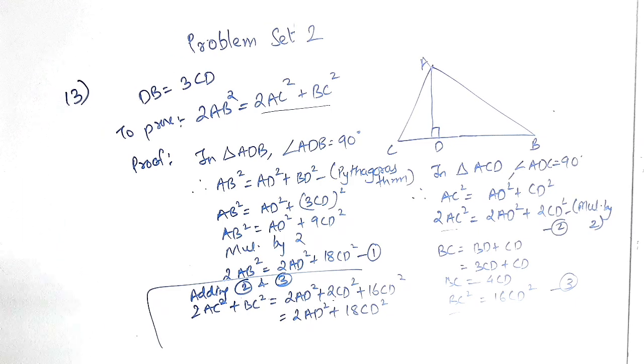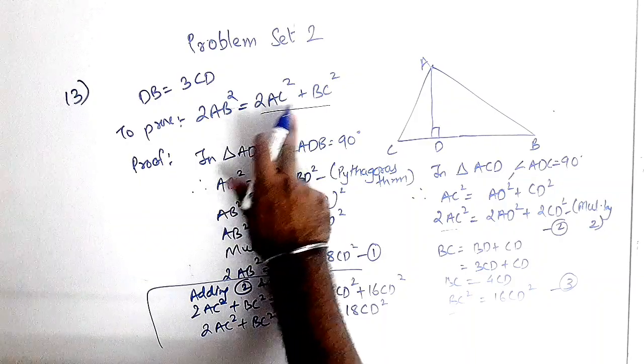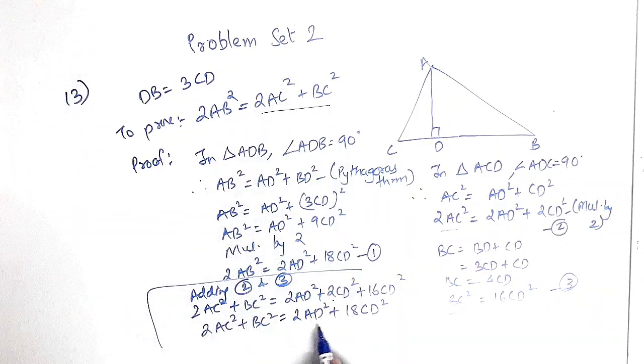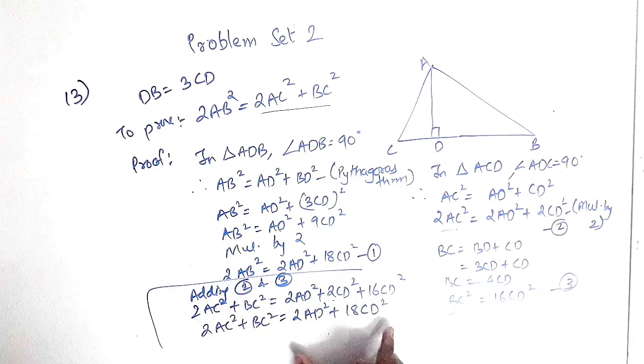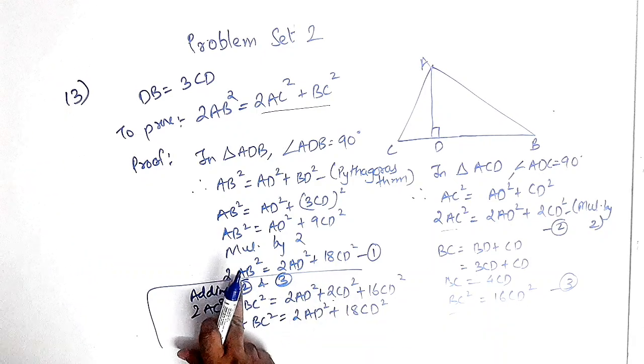So if you observe carefully, we have reached 2AC square plus BC square here, and if you see the RHS, 2AD square plus 18CD square is nothing but 2AB square from point number 1. So this can be replaced by 2AB square.